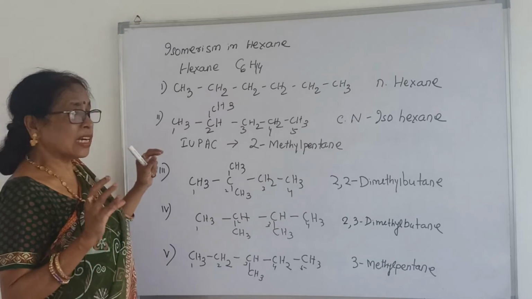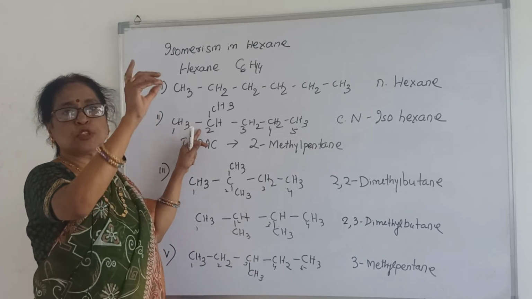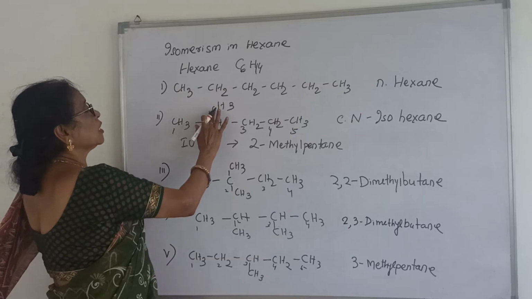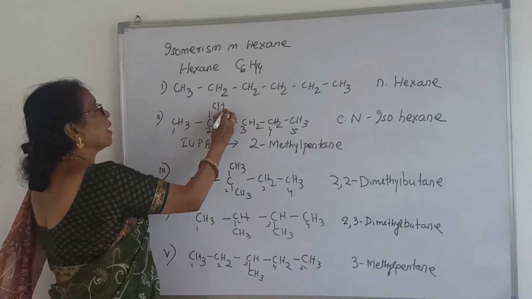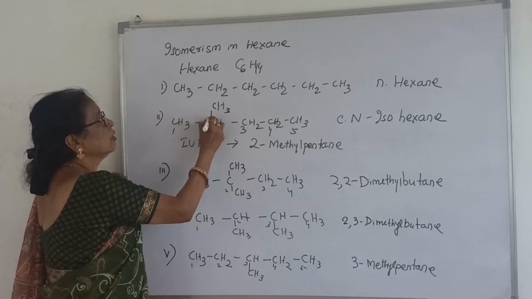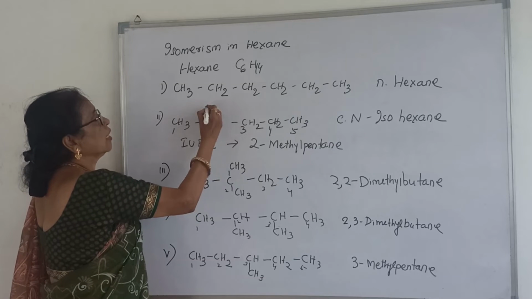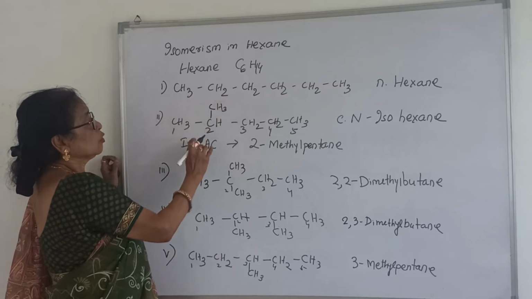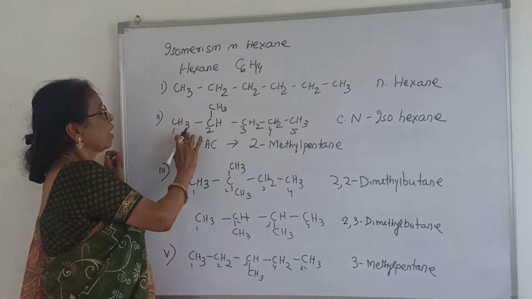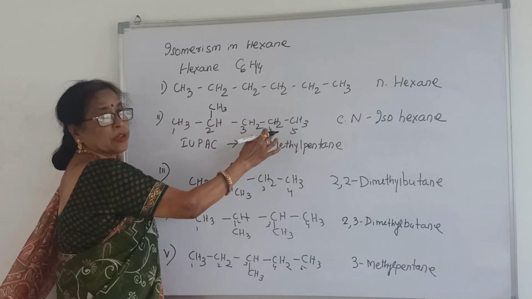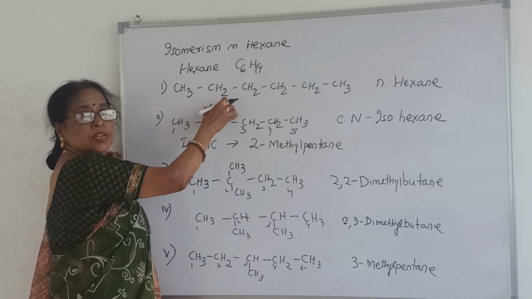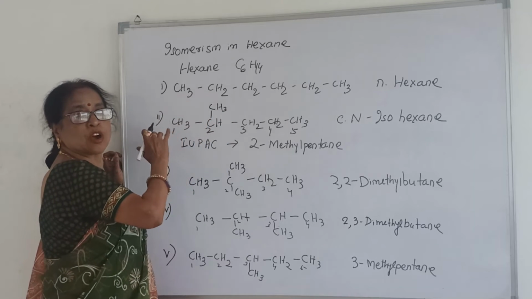Second one has 1 CH3 group in the second position as a substituent. As a substituent means it is attached to this carbon. So here what happens? CH3, CH3, and now write correctly: CH3, and here this is continuous CH2, CH2, CH3. 1, 2, 3, 4, 5. But not 1, 2, 3, 4, 5 from the other side. I told you, the side nearer to the substituent is counted first.